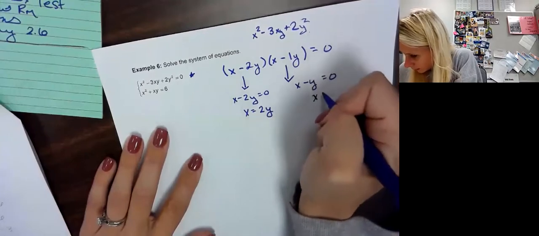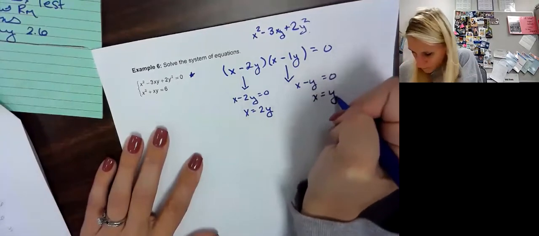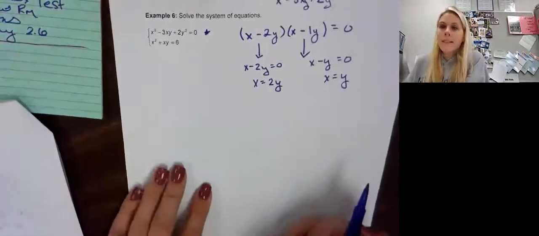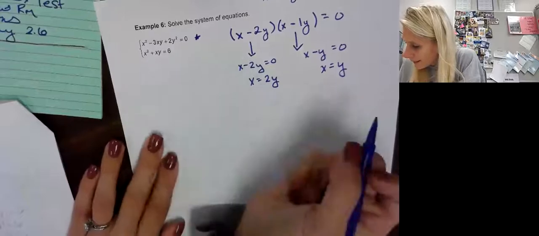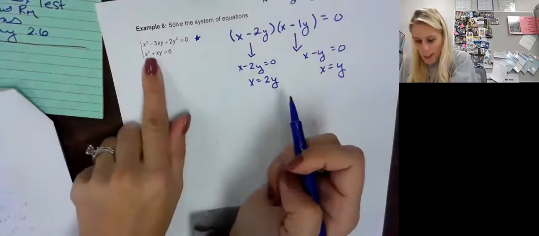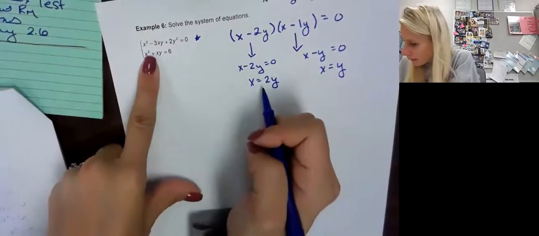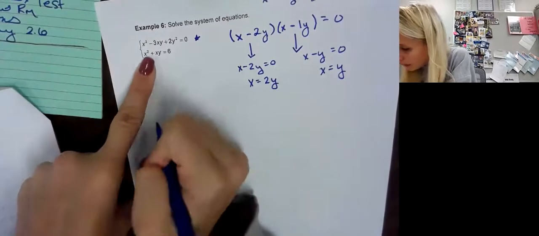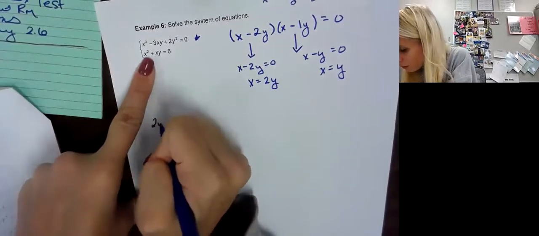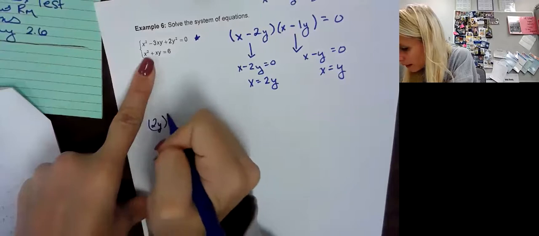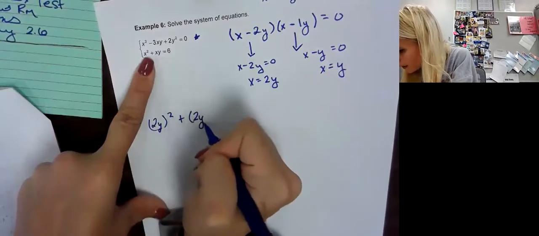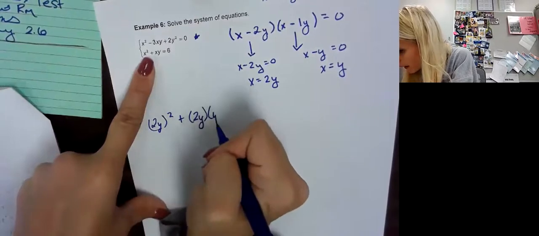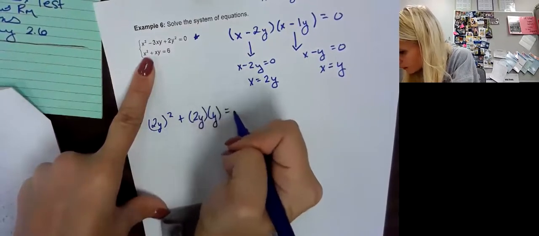So x equals y, which means we have to test both cases. So here I'm going to test that in the one down below. I am going to put that x is 2y. So 2y squared plus 2y times y equals 6.